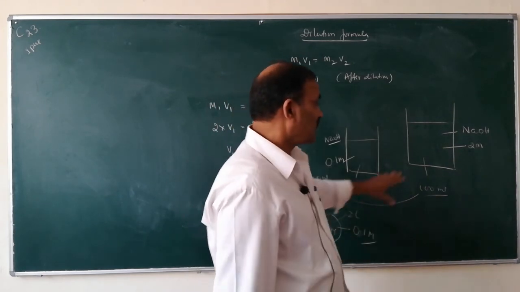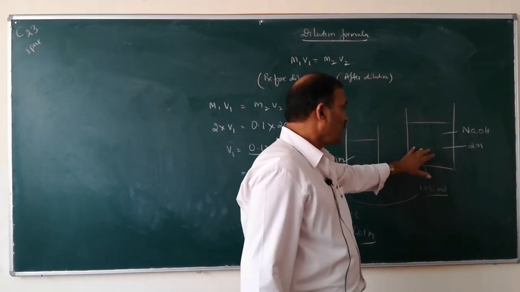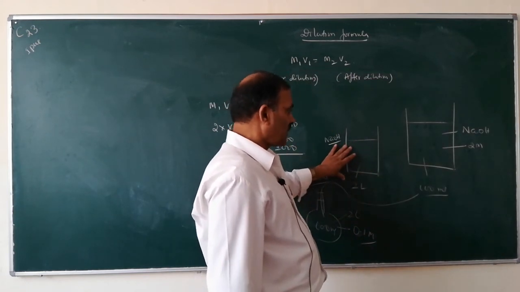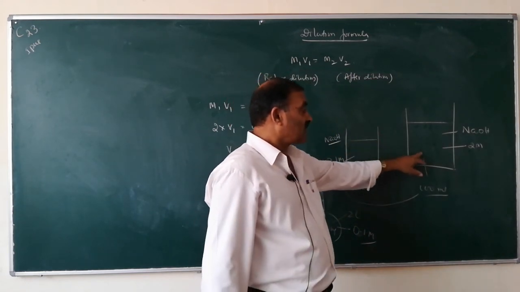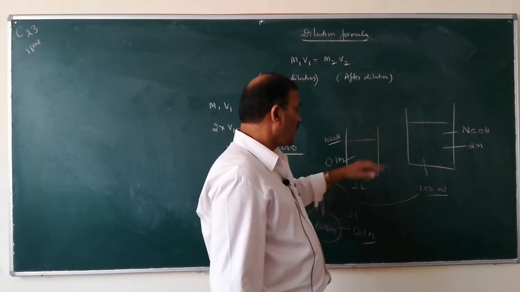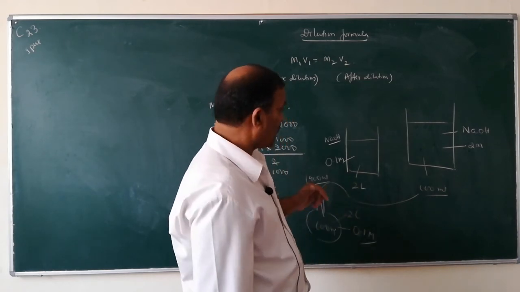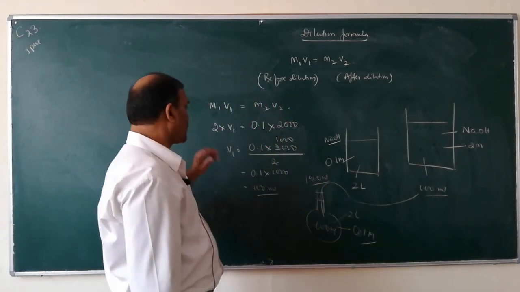So this is the concentrated solution. From this concentrated solution we have to prepare the dilute solution. What volume of this solution should be diluted with water to 2 liters? We have to calculate using this formula.